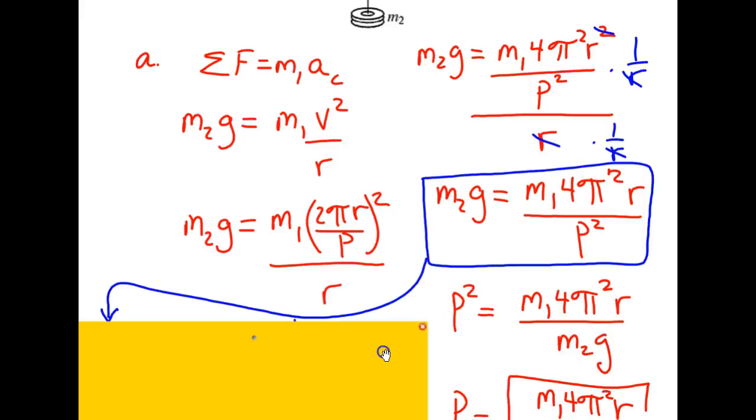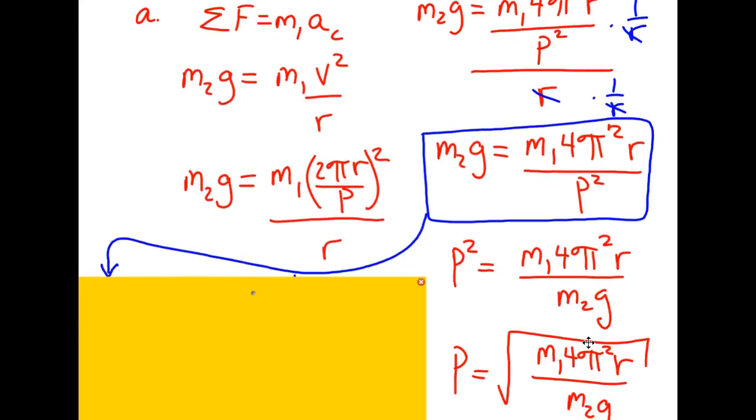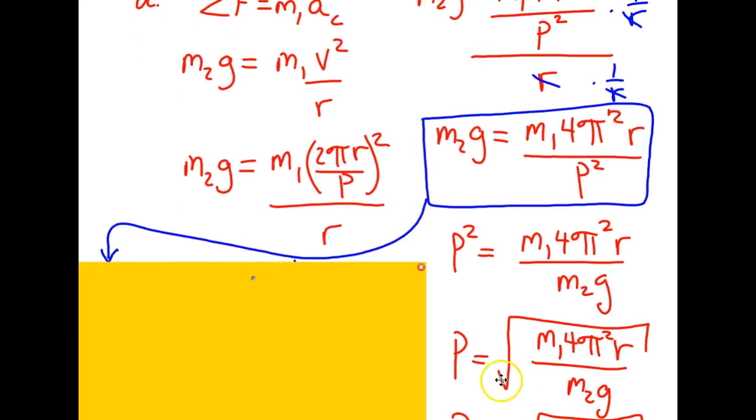In the meantime, they want this solved for capital P. So we multiply both sides by P squared and divide both sides by m2g. P squared equals m1 4 pi squared r over m2g. In order to solve for P, we take the square root of both sides.